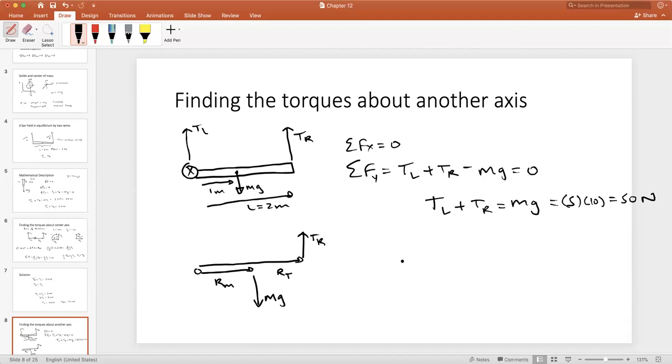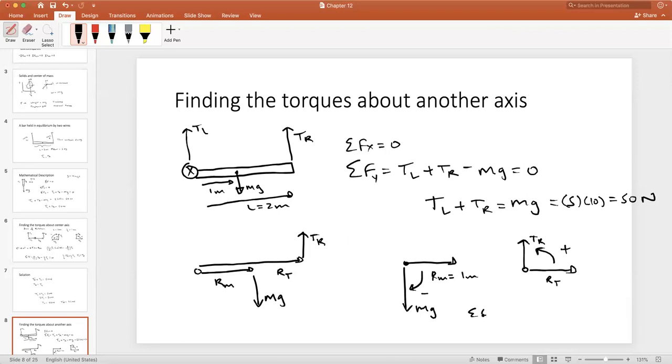So these two torques are going to be r to the mass, which remember is 1 meter. Put them tail to tail. This rotation is clockwise, so it's negative. Then we have r to the T, and we have T_R, and this rotation is positive.